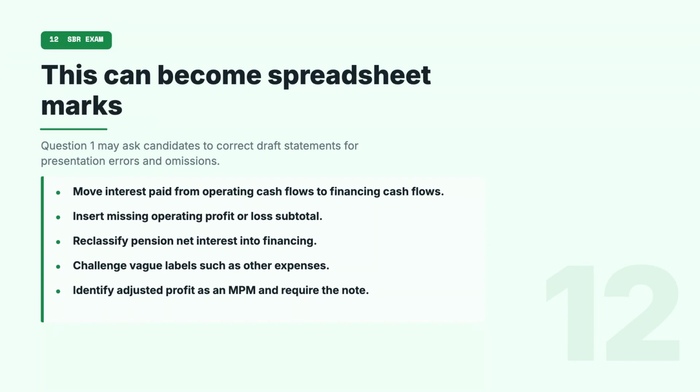You may need to reclassify pension net interest from operating to financing. You may need to challenge a vague line called "other expenses," or you may need to decide whether adjusted profit is an MPM and explain the disclosure note required. This is not just theory. It can become marks in both calculations and narrative explanations.